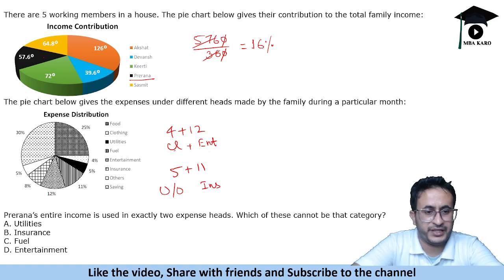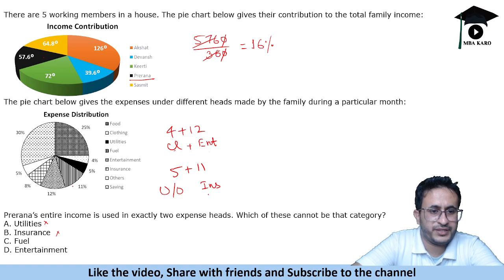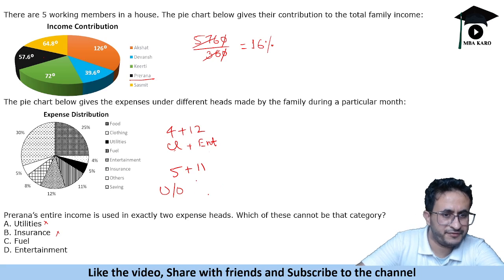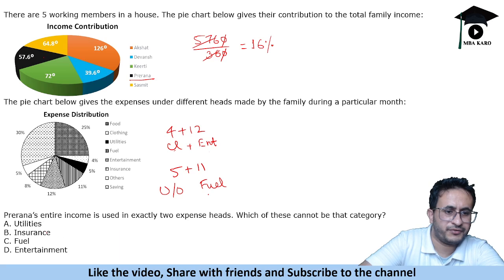Now if you look at utilities, it can be one of them, insurance can be one of those categories, fuel we know is sorry, this is fuel, which is 11%. Okay, the first insurance is 8%, this is fuel. So insurance cannot be covered. It can be utilities plus fuel.